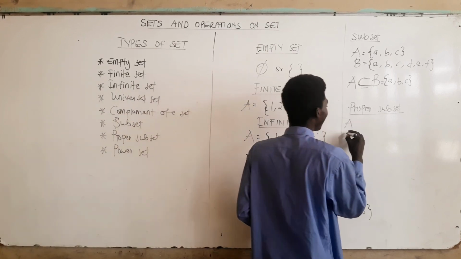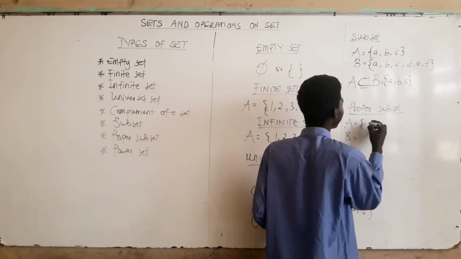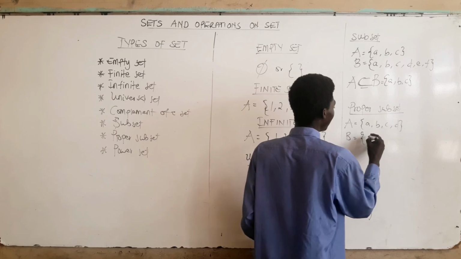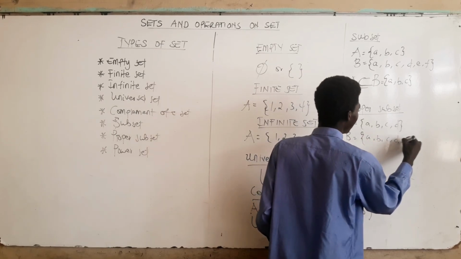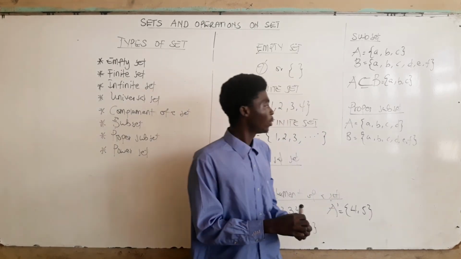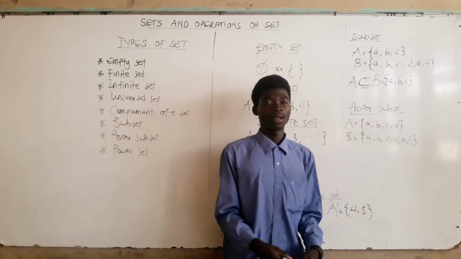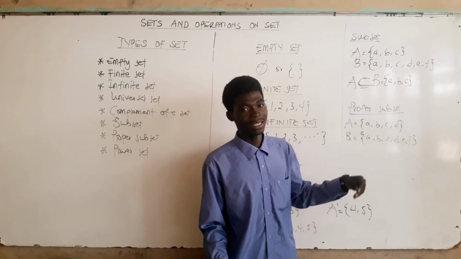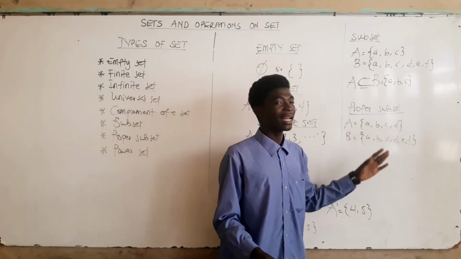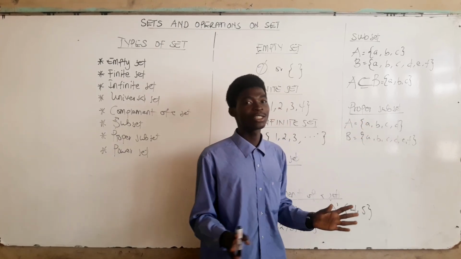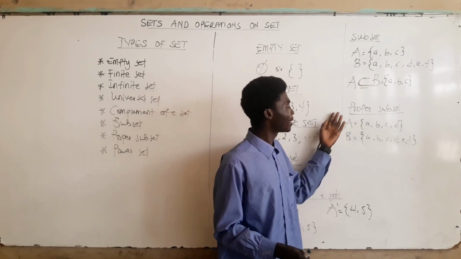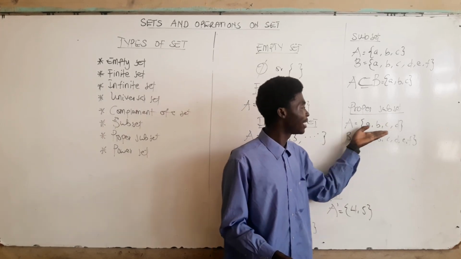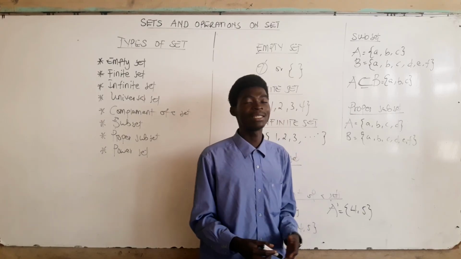Let's say you have set A and set B here, and the elements of A are A, B, C, and D, and those of B are A, B, C, D, E, and F. Proper subset simply means the elements of A should also be in B, but the total number of elements in each set shouldn't be the same. So A is a proper subset of B because the elements of A can also be found in B, but the total number of elements in A is not equal to the total number of elements in B.